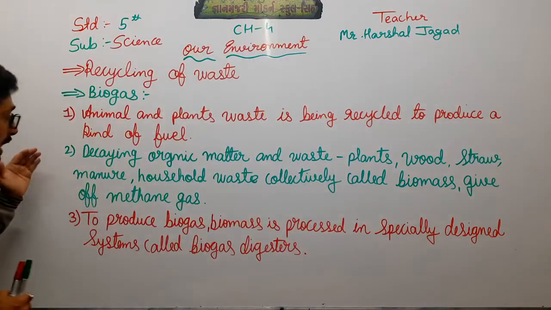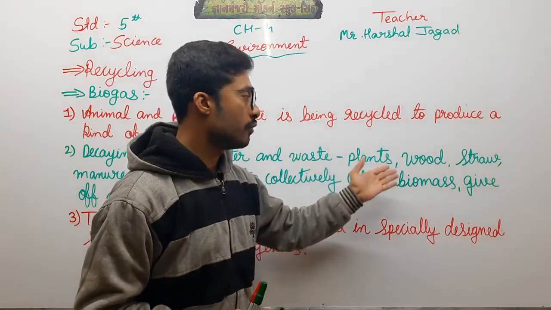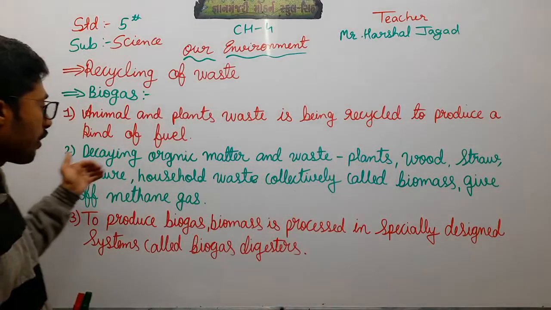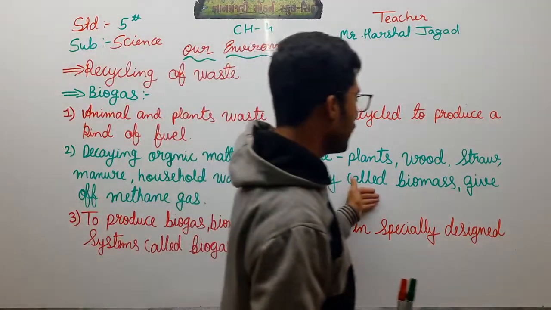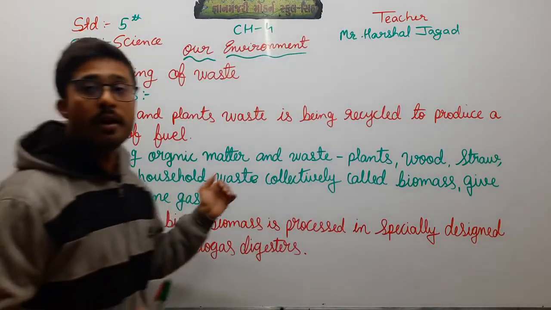Then, decaying organic matter and waste like plants, wood, straw, manure, household waste collectively called biomass give off methane.